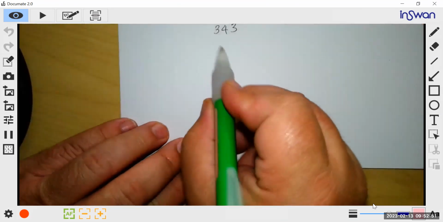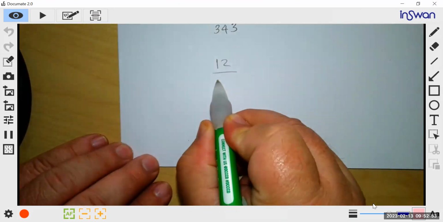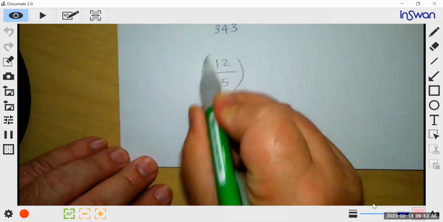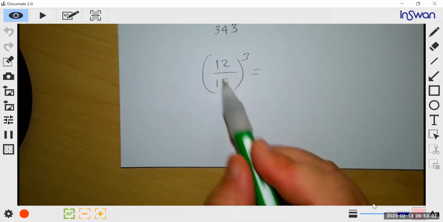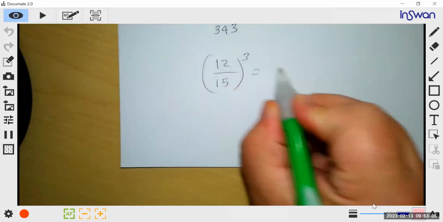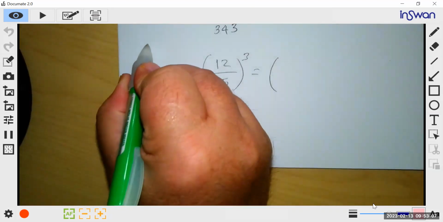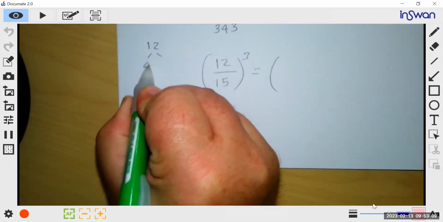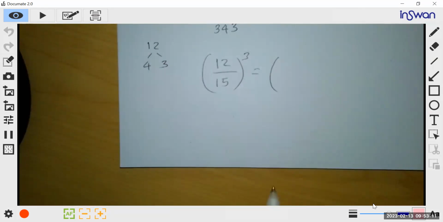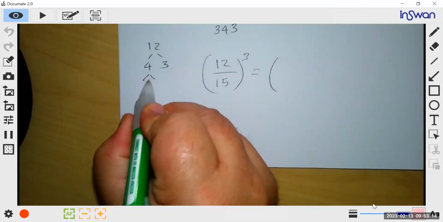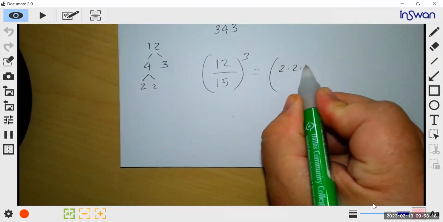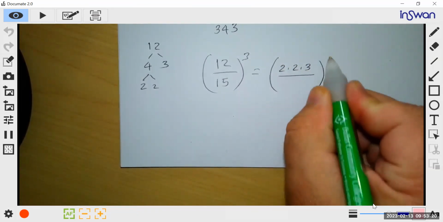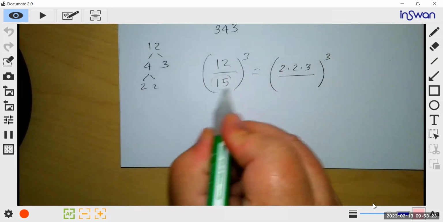In other words, let's say I had 12 over 15 to the 3rd. Can anything simplify in there? What is 12 made up of? 12 is made up of 4 times 3 or 6 times 2. 4 is made up of 2 times 2. So it's 2 times 2 times 3. What is 15 made up of?